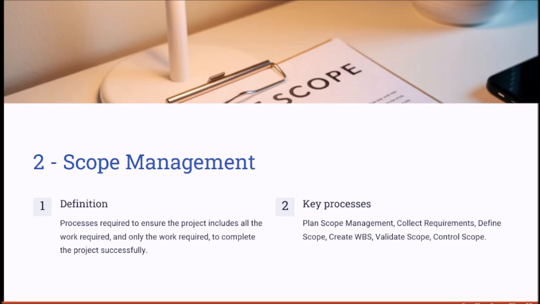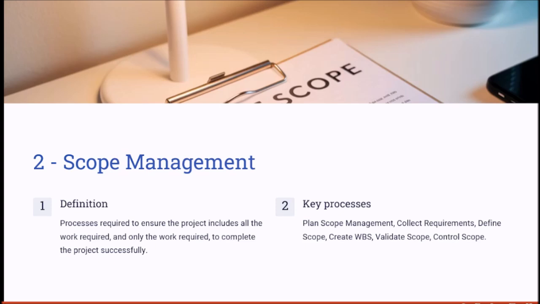Next, we have project scope management. What exactly is project scope management? Project scope management ensures that the project includes all the work required, and only the work required, to complete the project successfully.